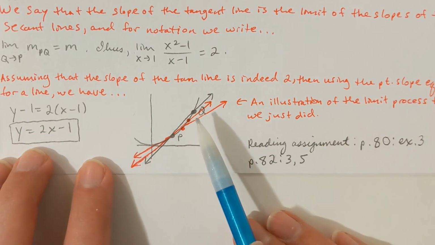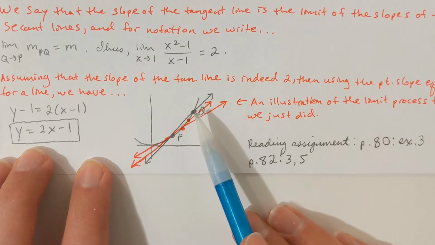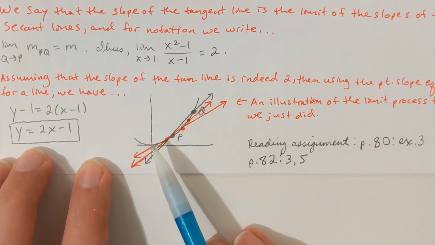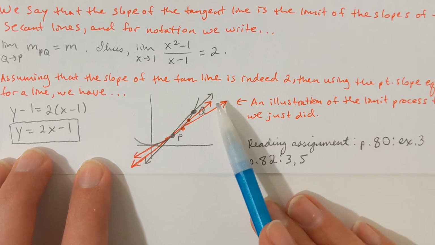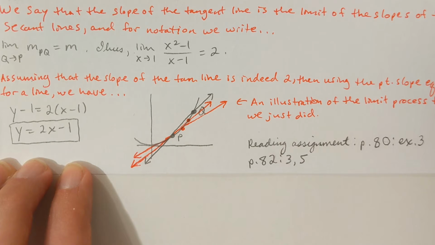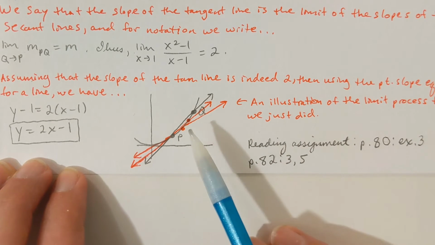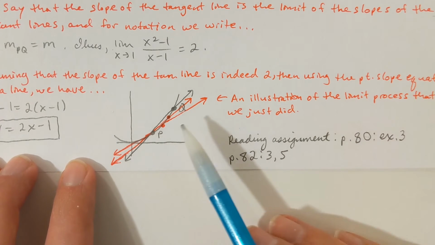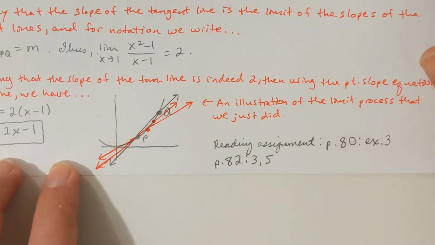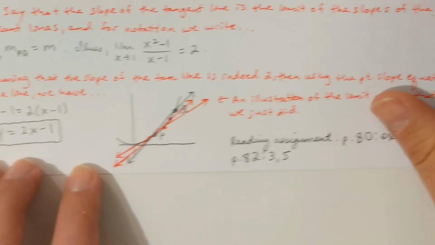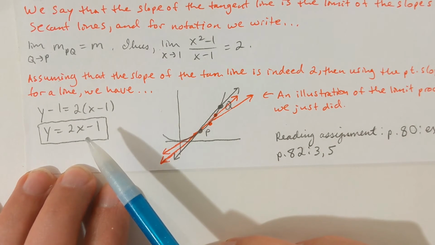So as x is getting closer and closer to 1, point Q is going to get closer and closer to point P, and the secant line is going to look very much like the tangent line. Now it's not going to be the tangent line, since point P and point Q are two different points, but the closer point Q is to point P, we can at least have an idea of what that tangent line equation would be here.